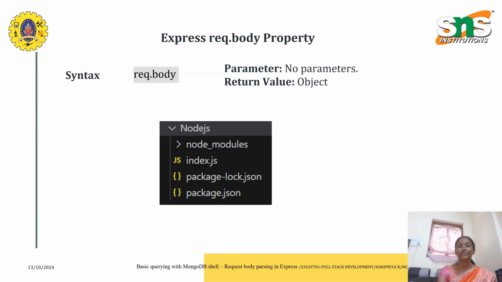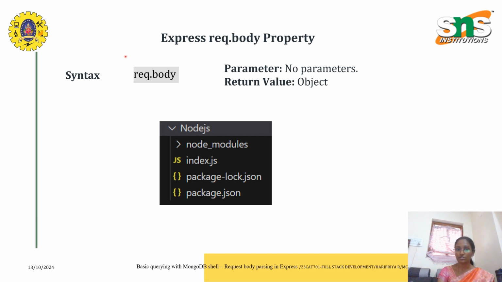Next is how to work in the Express framework with a database. I'll give some syntax, and at the same time show how to create the folder in your Visual Studio and how to connect there. So what is the syntax?